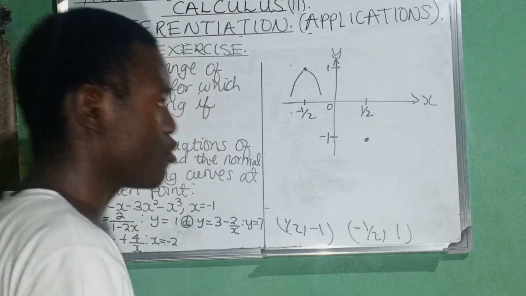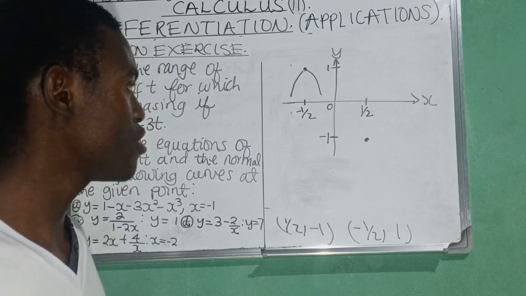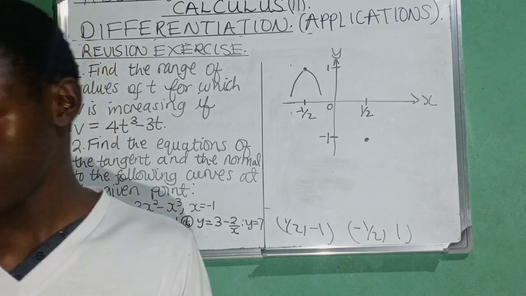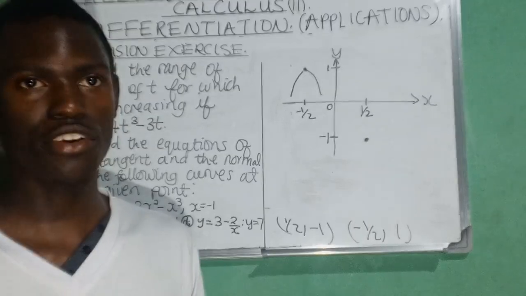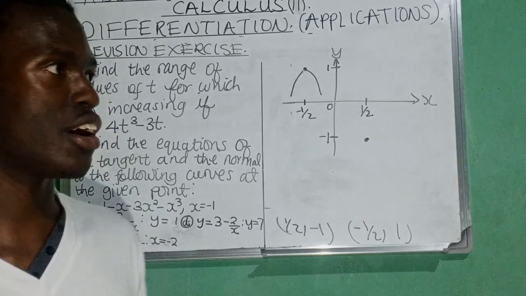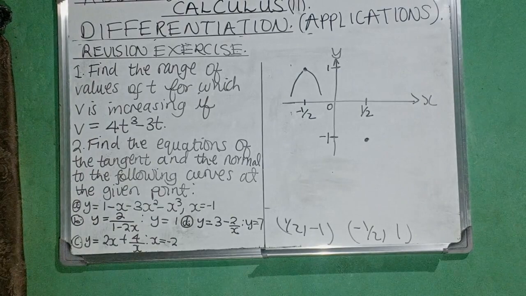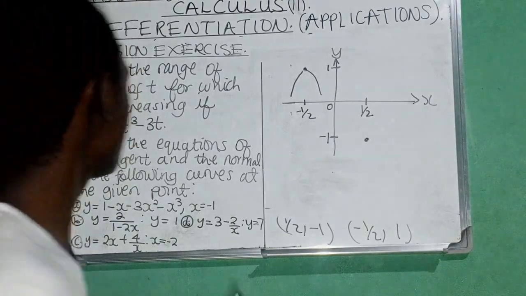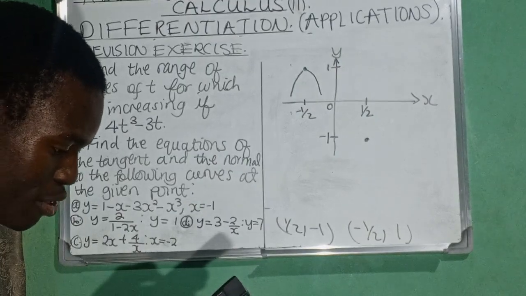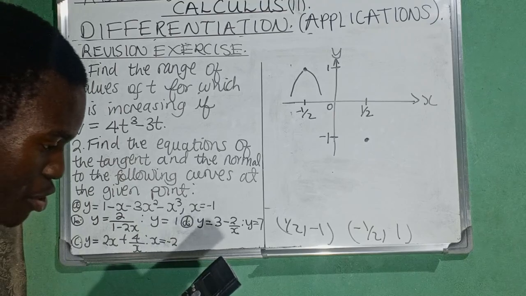Let's think of values of numbers less than positive half. We can even try something like 0.2. For that, I would need my calculator. If we plug in 0.2, it will be 4 multiplied by 0.2 cubed, minus 3 multiplied by 0.2.